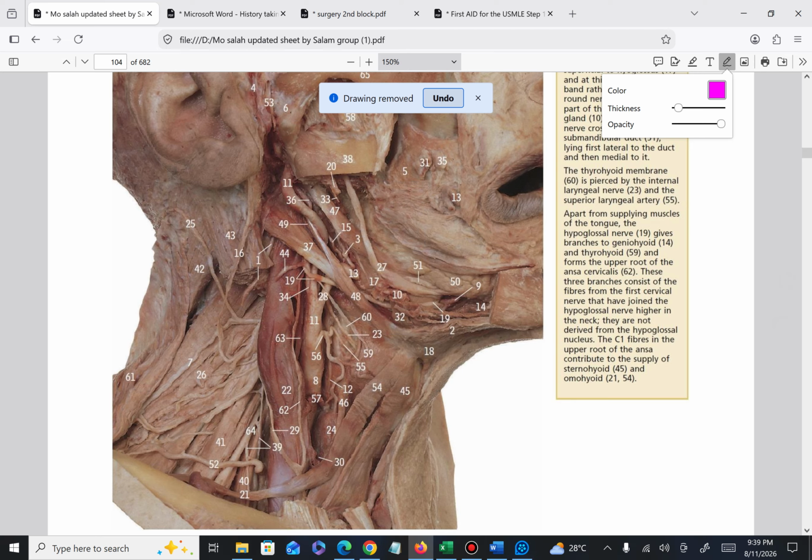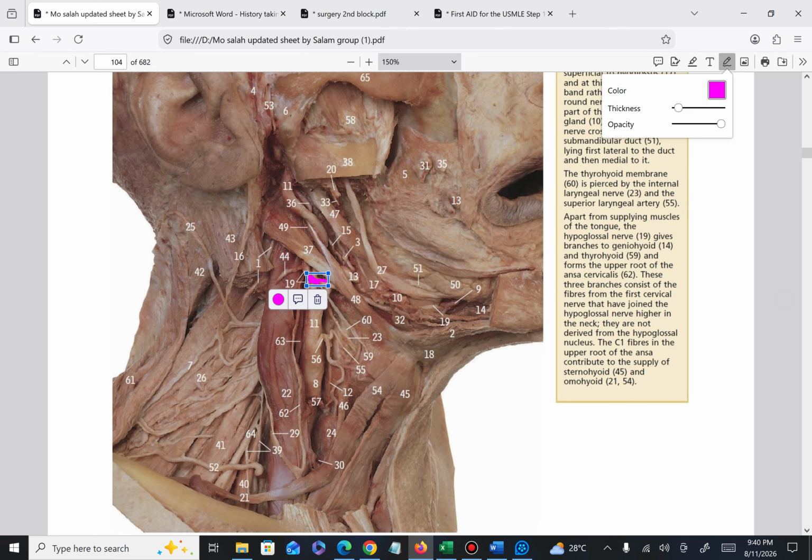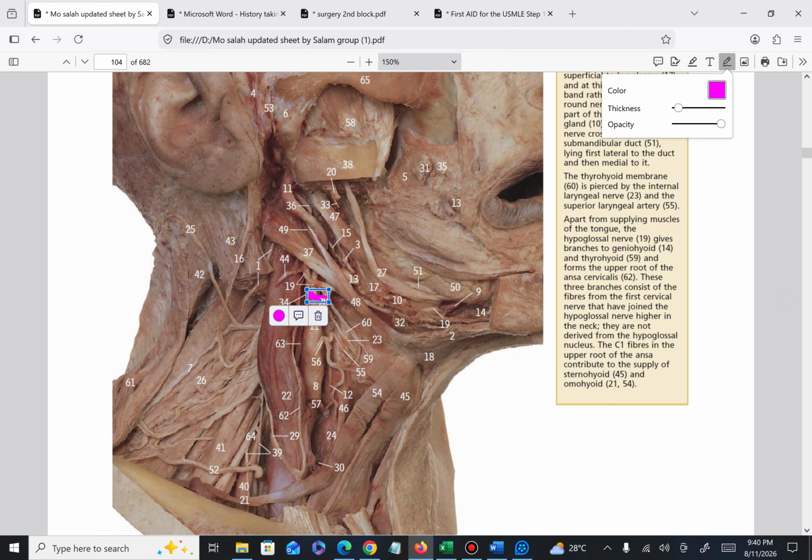You can see that it passes inferior to the carotid arteries. So this one on number 19, which is inferior to the carotid arteries, is the hypoglossal nerve. The hypoglossal nerve is present in the submandibular triangle.